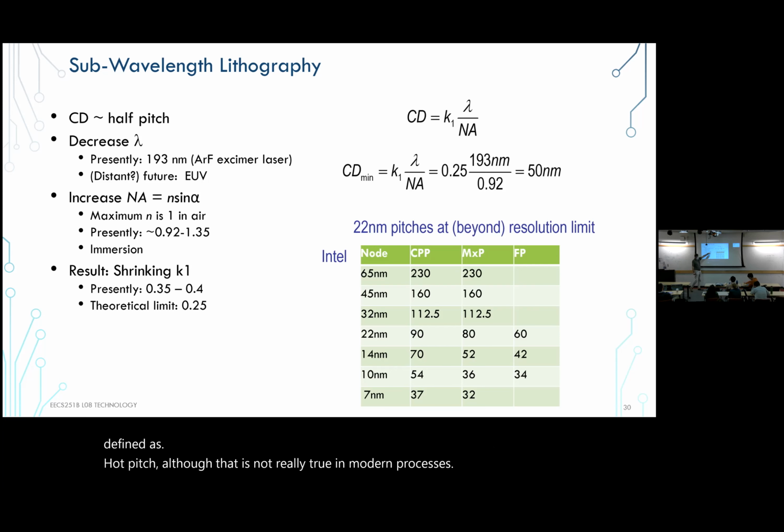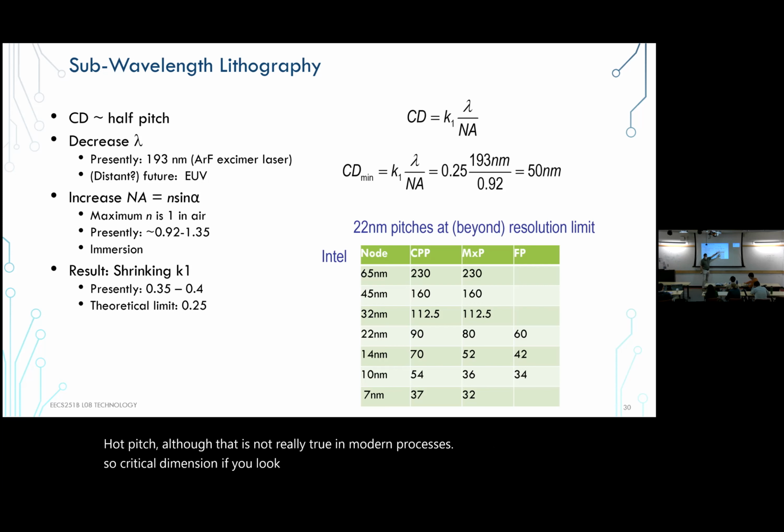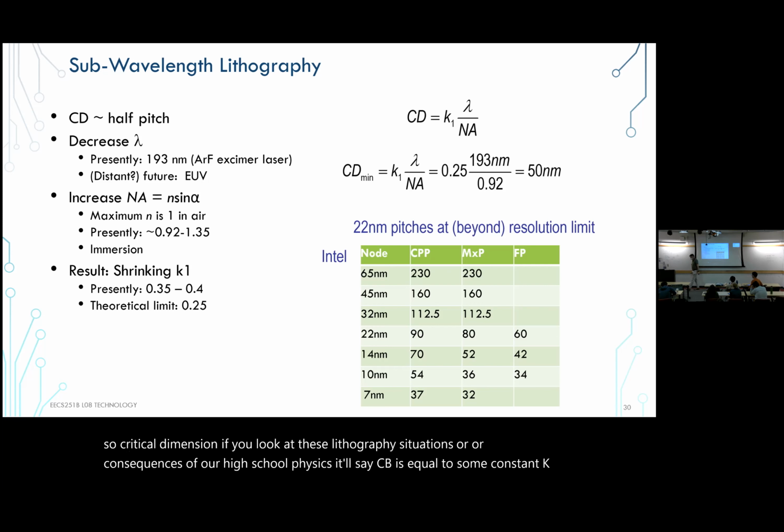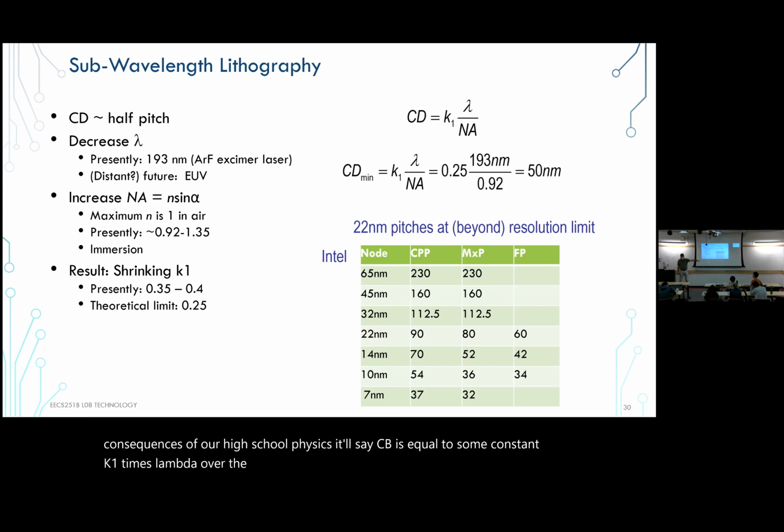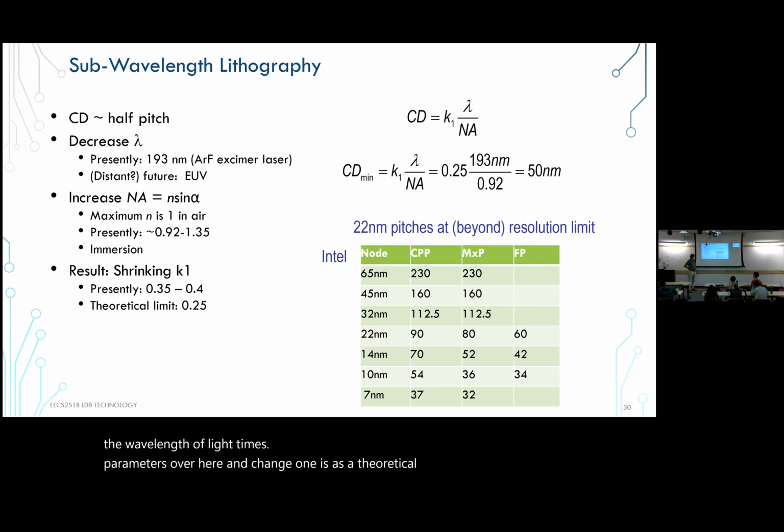If you look at these lithographic equations, or consequences of our high school physics, critical dimension CD is equal to some constant K1 times lambda over the numerical aperture of the lens, the projection system, and lambda is the wavelength of light. So it is proportional to the wavelength of light times a few parameters. K1 has a theoretical limit in current systems of 0.25.